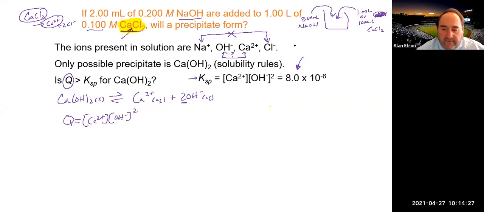So our total volume, when it's all said and done, is 1,000 milliliters for the calcium chloride plus 2 milliliters for our sodium hydroxide. That's 1,002 milliliters. Here is our total volume. You can also convert it to liters if you like.